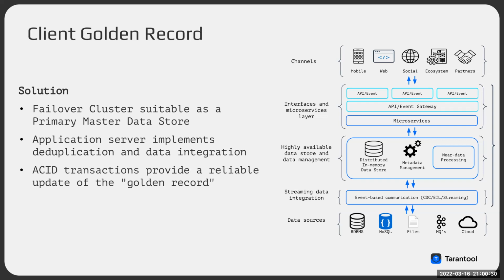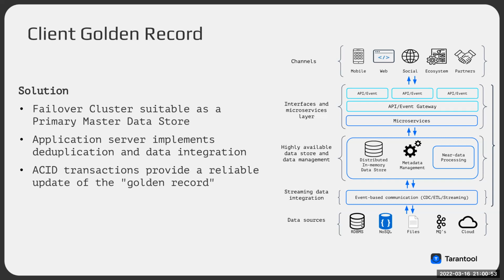But as we discussed earlier, to the same system, you should be able to resolve reverse requests, like give me an MDM ID based on an identifier in a system. So in order to update this golden record, we will have to do so.